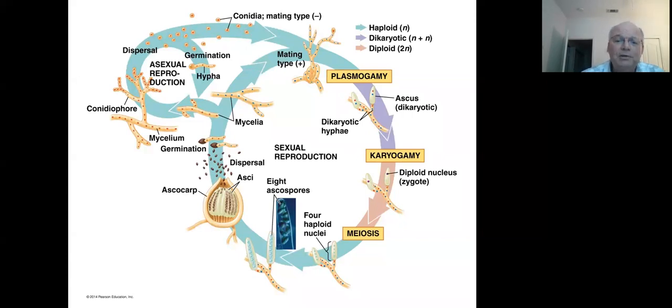We know that there is genetic diversity as a product of meiosis, but it turns out that mitosis may not be as random as we might have previously considered. There may be some non-random distribution of chromosomes during mitosis as well. And organisms like Neurospora crassa provide opportunities to investigate that.